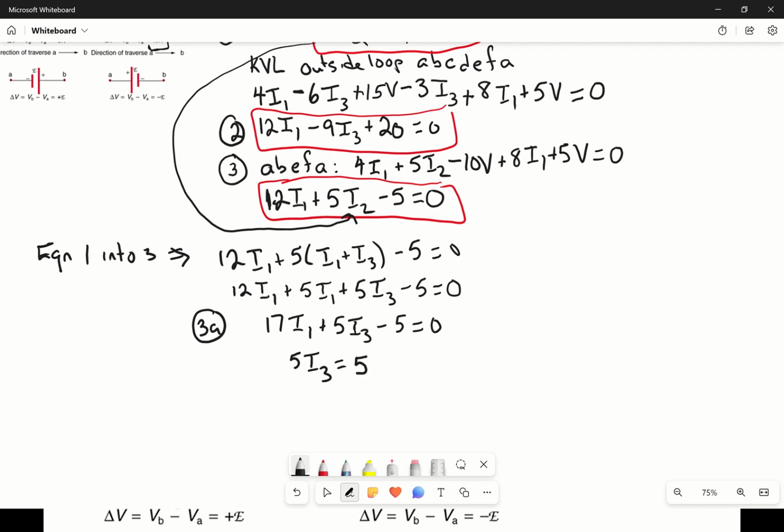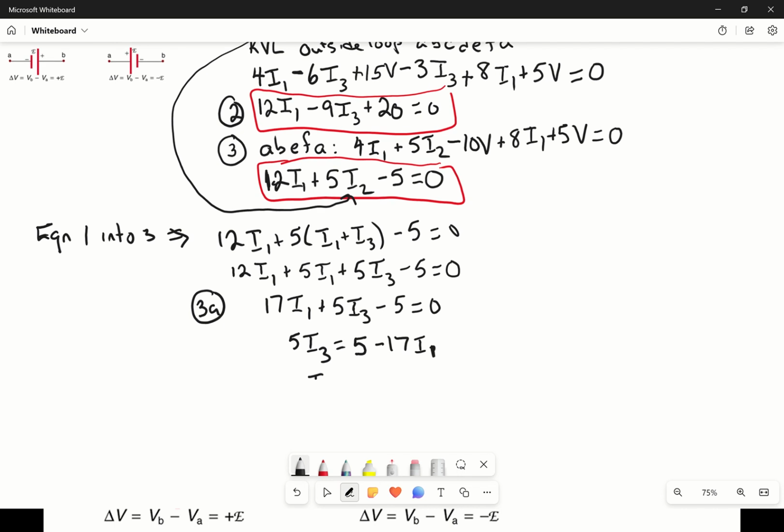So get plus 5 minus 17I1 is equal to 5I3. So I3 is equal to 5 minus 17I1 over 5. If I put that into my calculator, I get that's 1 minus 3.4I1.